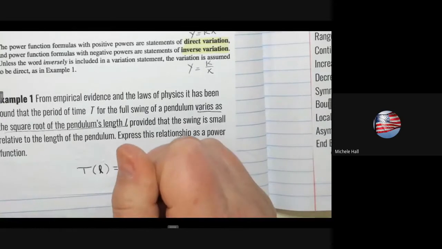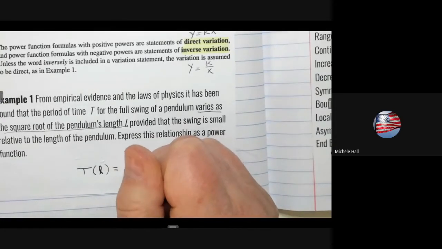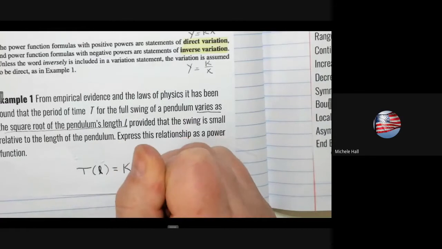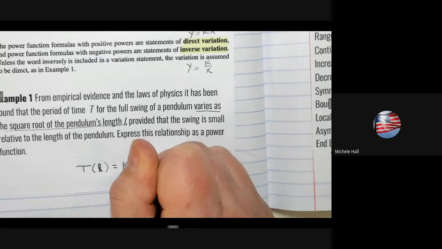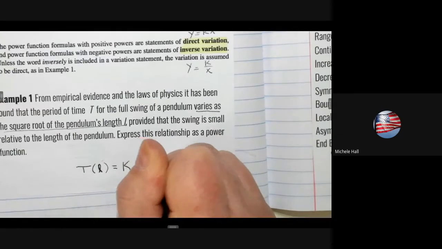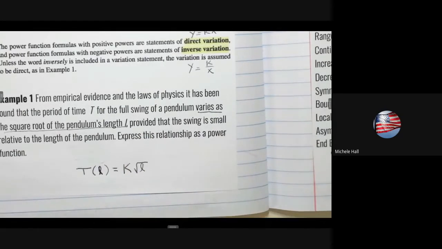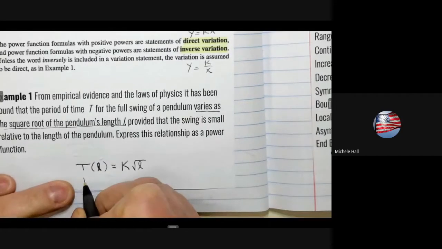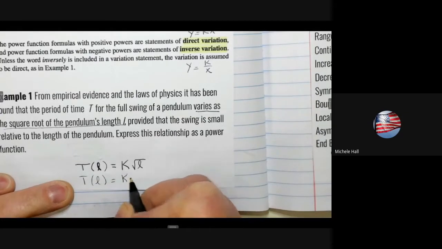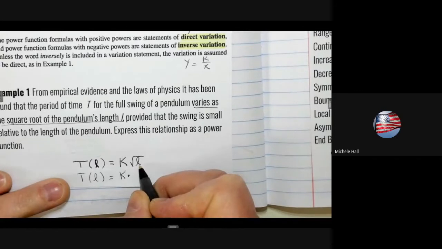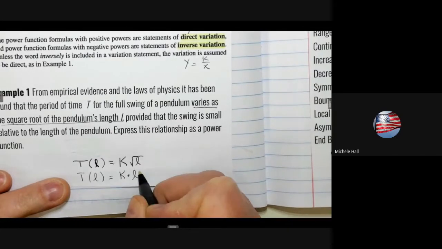It doesn't say inversely, so you know it directly varies with the square root of the length. And express this relationship as a power function. This is not a power function yet, but it's very easy to make it one. We could say T of L equals k times, change the square root to a fractional exponent, L to the 1/2.